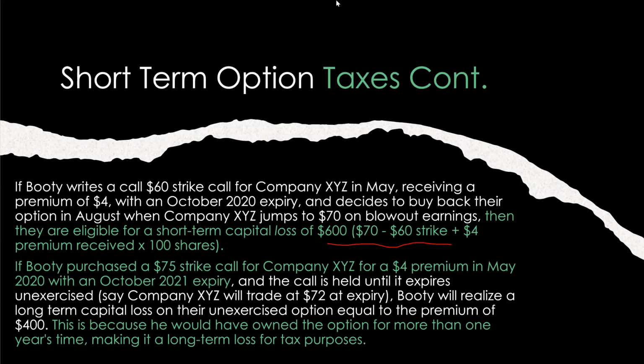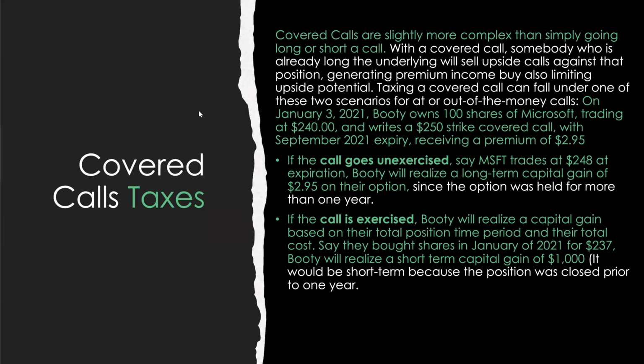But if he holds it further into the year, he'll get a long-term capital loss if it was still a loser on the unexercised option. This is because he would have owned the option for more than one year's time, making it a long-term loss. So sometimes these longer plays are going to save you money at the end of the day.